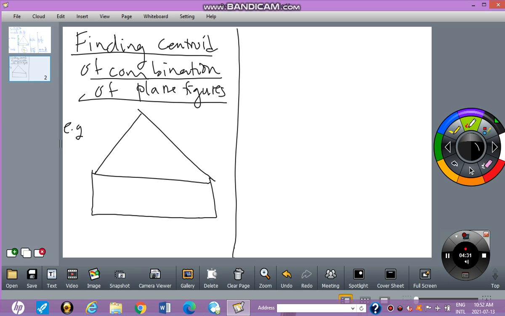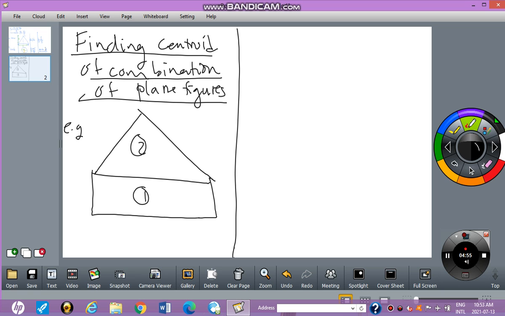All right. Now in this case, we have 2 figures. This is a combination. For example, we have 1, and then we have 2. We have a rectangle, then we have a cone or an isosceles triangle. So how do we get a centroid of this combination?